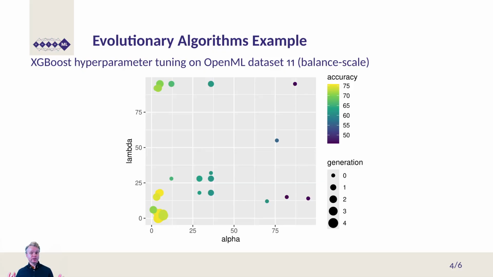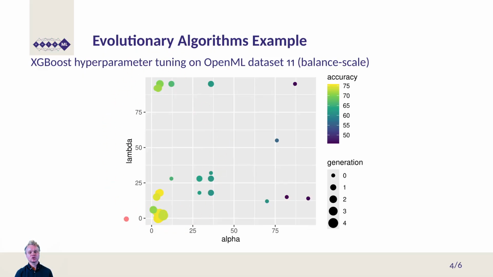And this is of course what we would expect, because if we start with a random sample from our configuration space, then some of them will not perform well. But crucially, what you can see is that all of these circles here are relatively small, which means that they come from the first generation. And after that, once we really start applying the evolutionary algorithm and once we start moving towards better performing configurations, all of them are actually better performing.